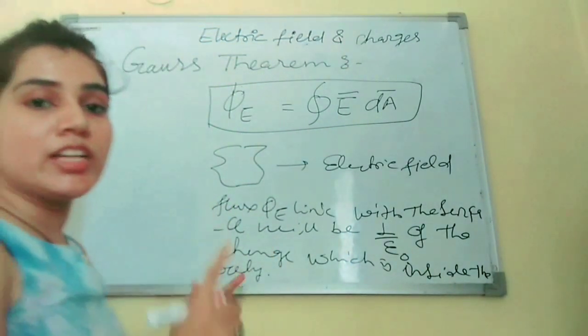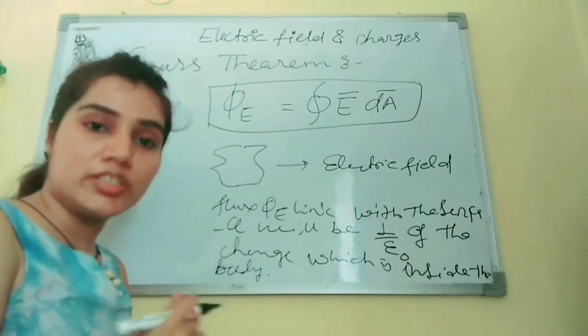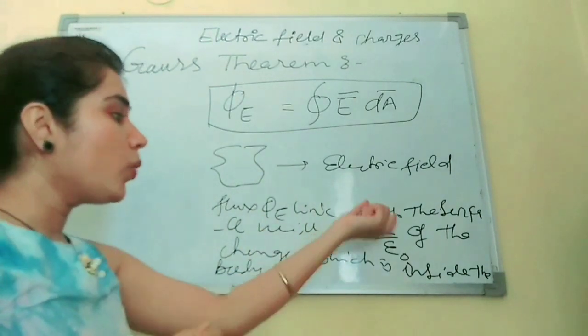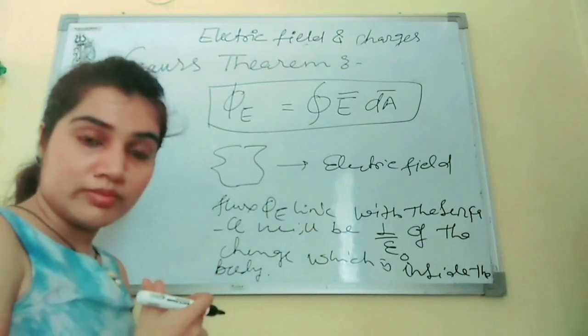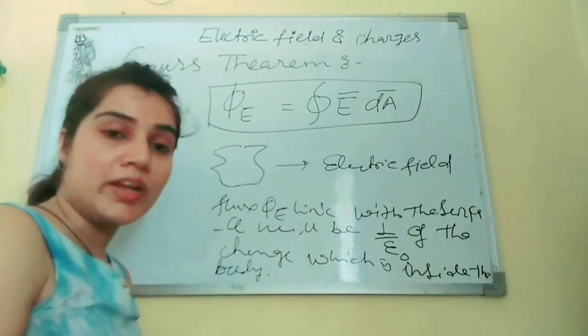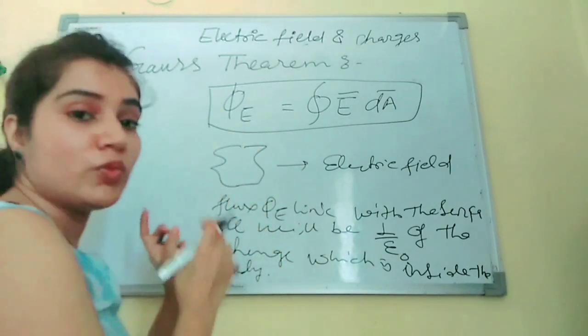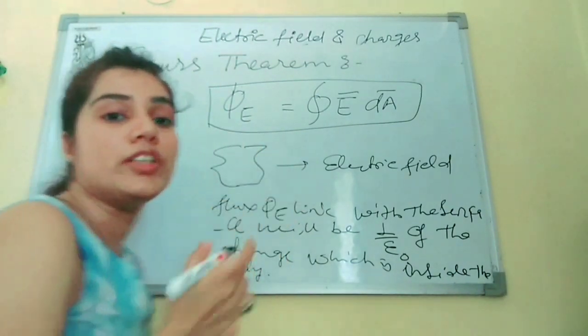That is, 1 by epsilon naught times the charge inside the body becomes the flux linked with this particular body.